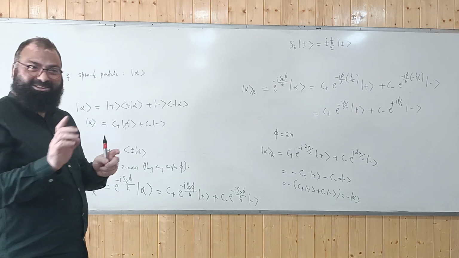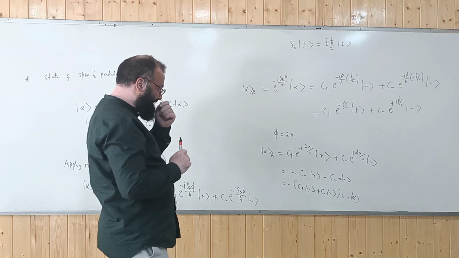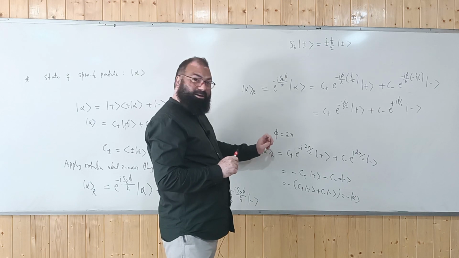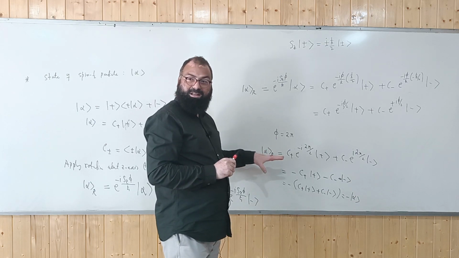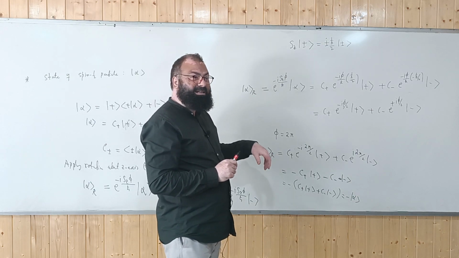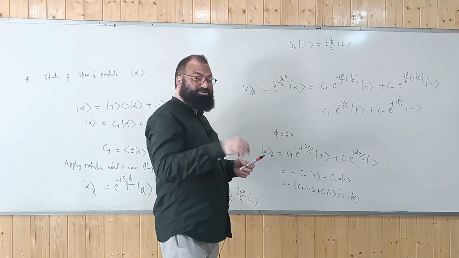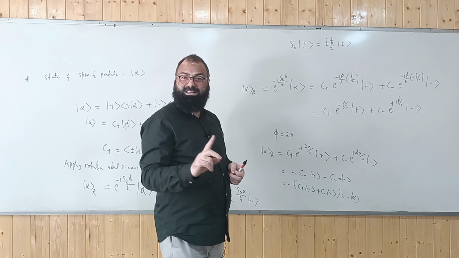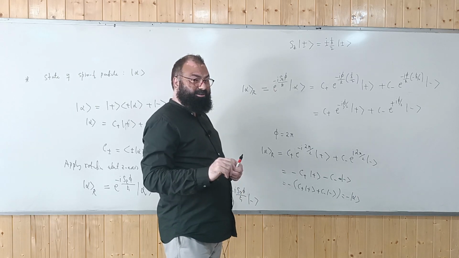So I will tell you in a moment. What does that mean? For this state vector, for a spin half particle, if I need to bring it back, I actually need two 2 pi rotations, or in other words, a 4 pi rotation. Got it?